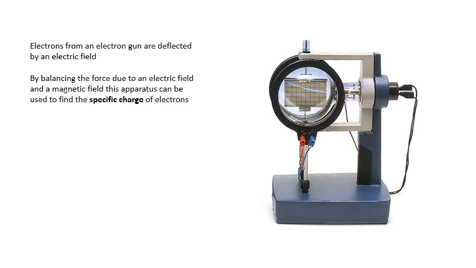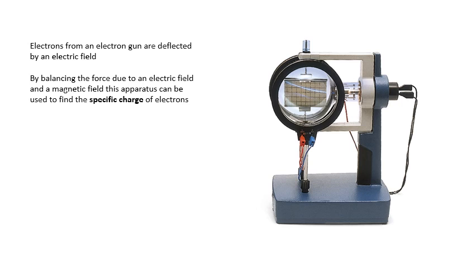So this hopefully will be demonstrated to you by your teacher at some point. It's a special tube called a Teltron tube, and what you have is an electron gun firing electrons into this region here. The whole thing's in a vacuum.